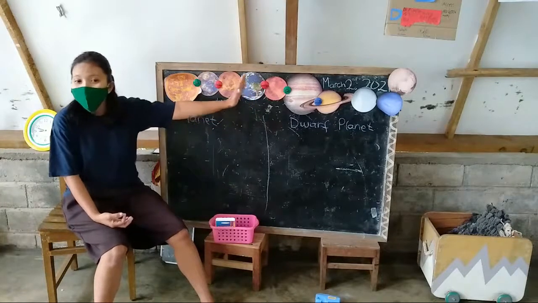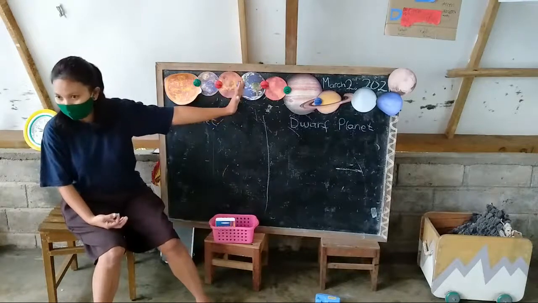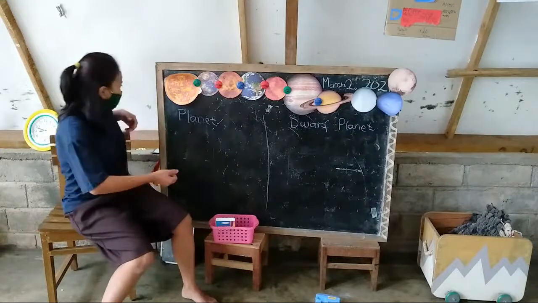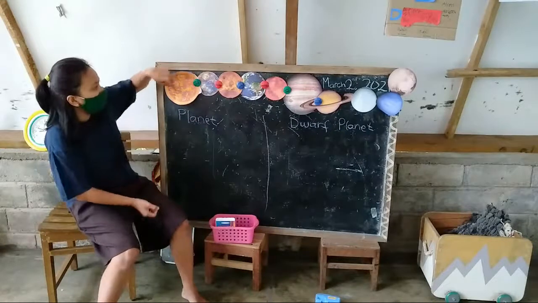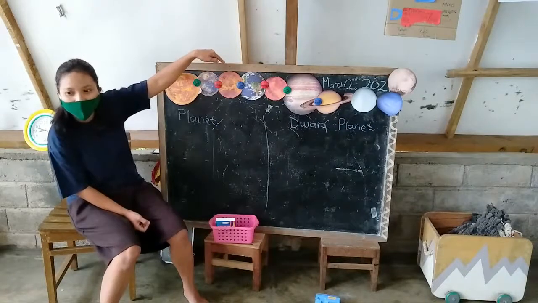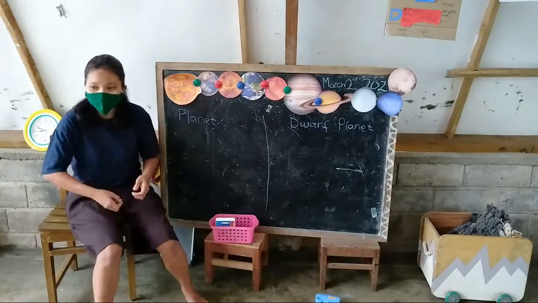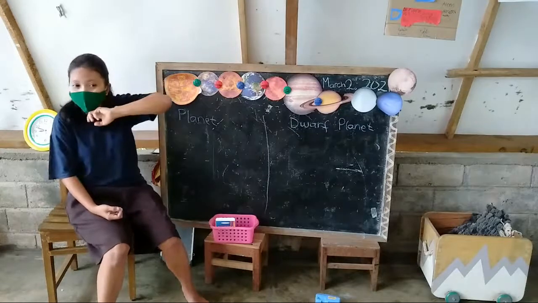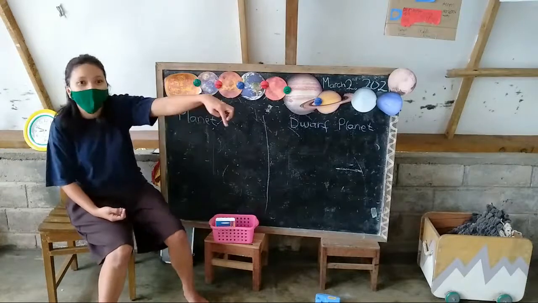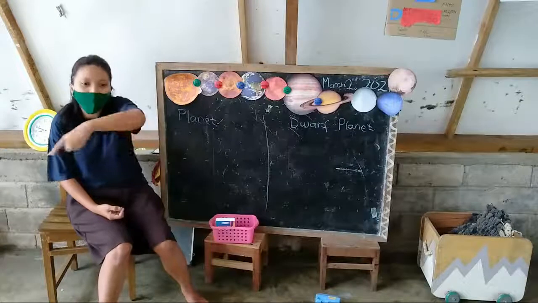What shape do you think they make when the planet moves around the sun? Is it circular? Do they make a circle line, or a square line, or an oval line?